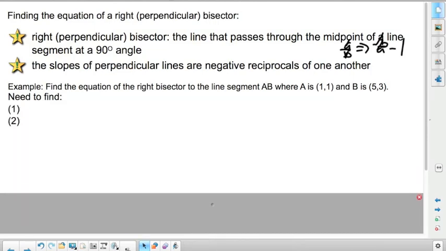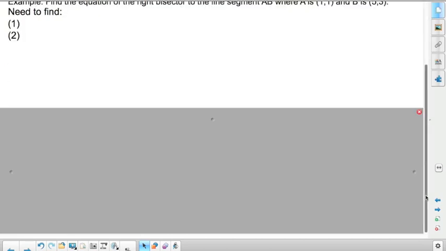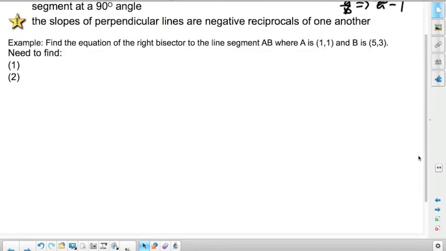So here's a question we can work with. Find the equation of the right bisector to the line segment AB, where A is (1, 1) and B is (5, 3). Let's break this up a little bit. What are some things that we need to find to help us get there? The slope of AB.